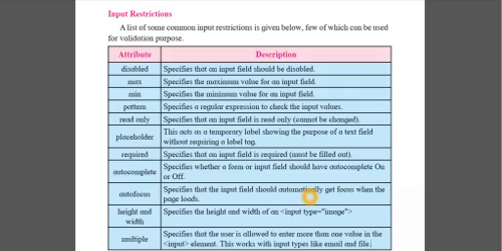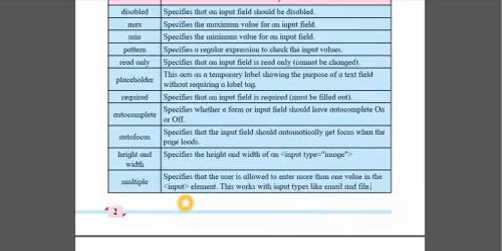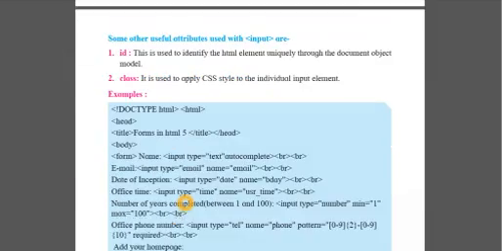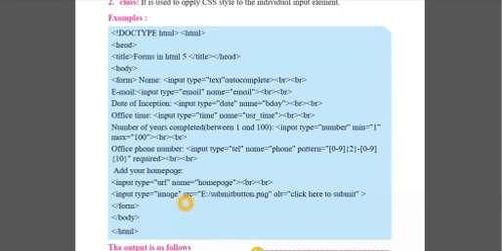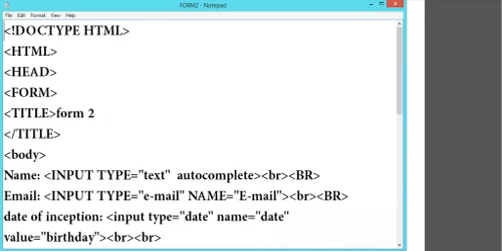So students, as I have told you to do the practicals on this basis, we'll look at this formation. We have the doctype html, which supports HTML5. Also we have the html tag, which is the pure HTML.